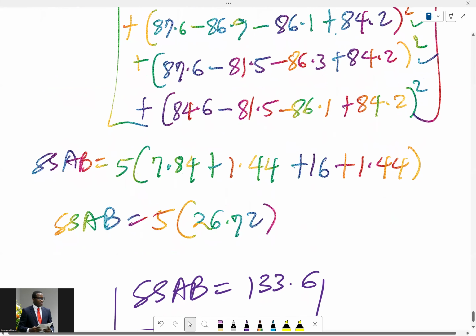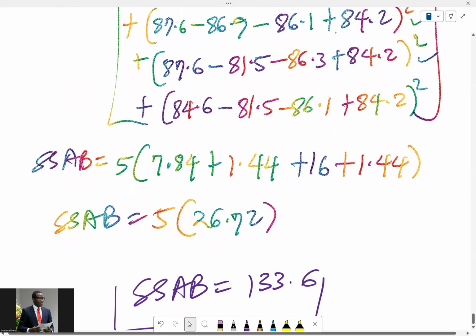I think I want to check this third one. Is it really correct? Because it's the biggest, so I am curious if it's actually what it should be. So let me check that again. I have the third one, 87.6 minus 81.5 minus 86.3 plus 84.2 raised to power 2.